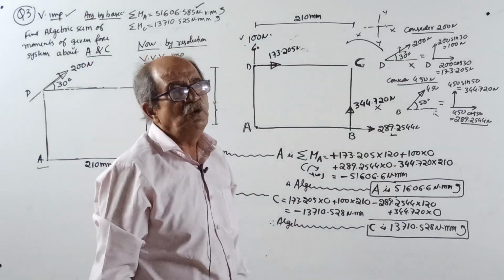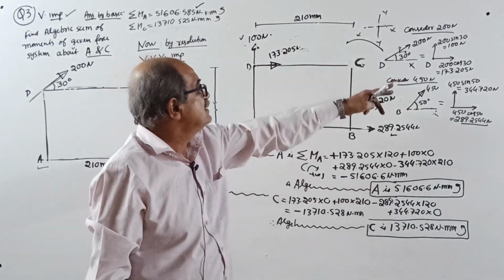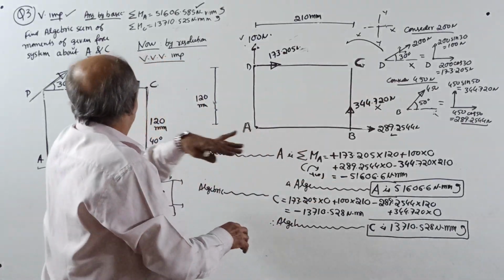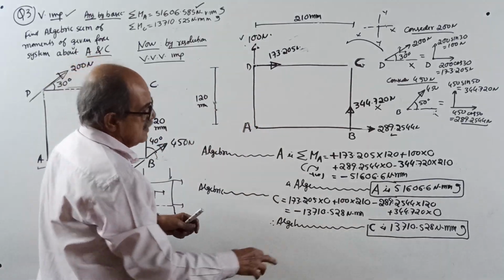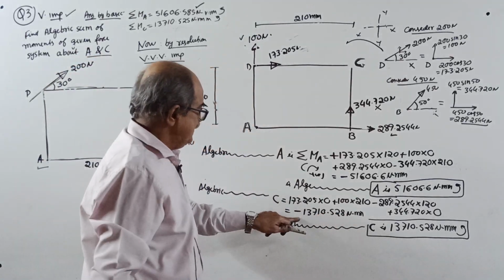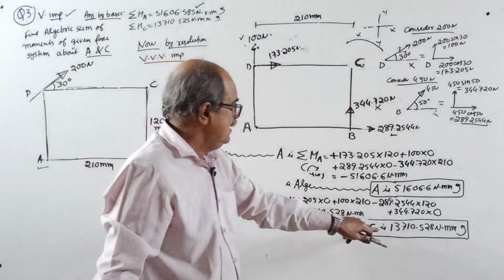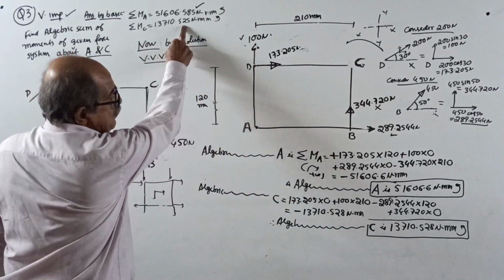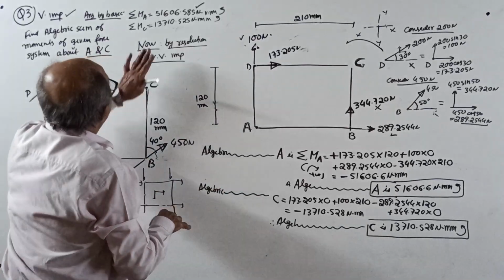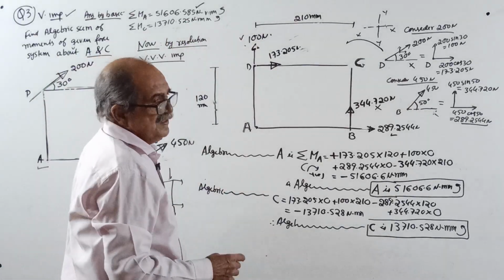To save time, I will write the expression there, but I won't look there. I will keep on telling here, you can check there. Okay. The answer will come minus 13710.528 Newton millimeter, 0.525, the change is not there. I will give it later. Anti-clockwise is the answer.